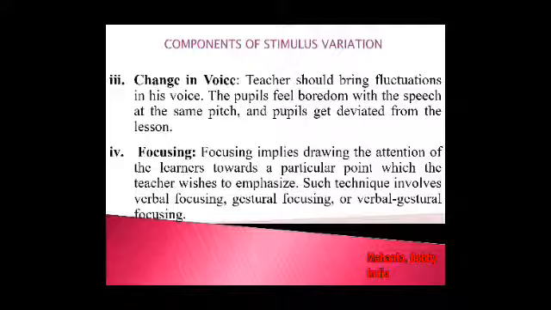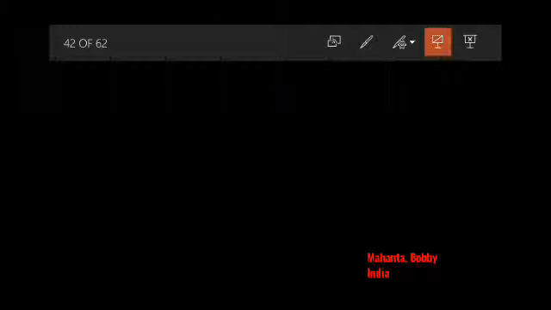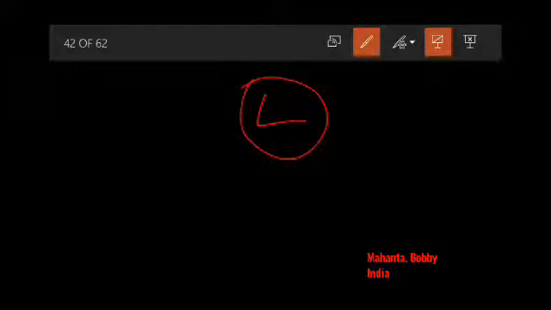Supposing one particular lesson, you have assigned 3 teachers to teach one particular lesson. What will happen? The same lesson, assigned to 3 teachers.